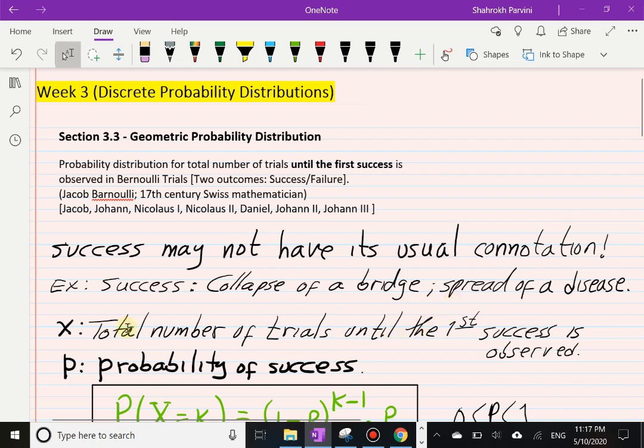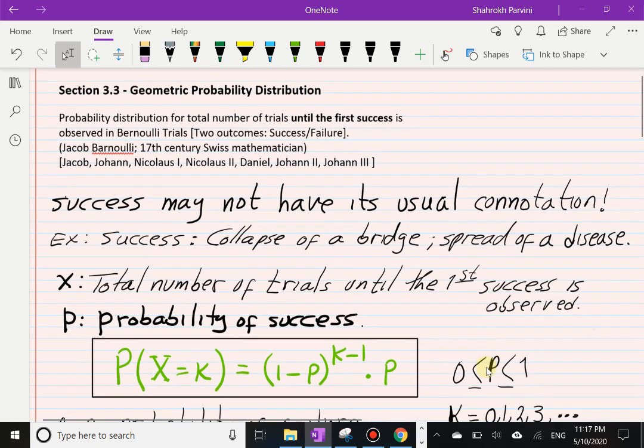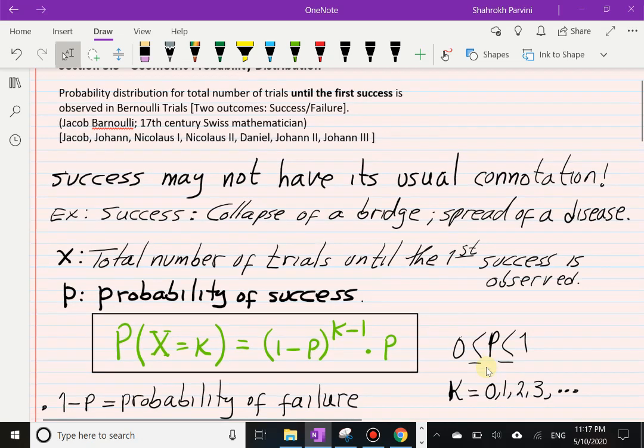Now, what is X? We defined it earlier when we defined the probability distribution. X is the total number of trials until the first success is observed. If the probability of success is P, then this would be the probability distribution we're looking at. Probability of X equals K. K here is a constant.